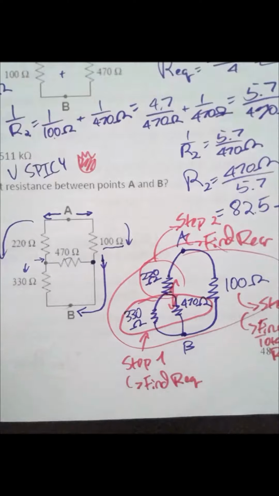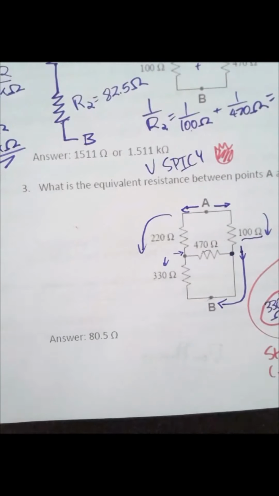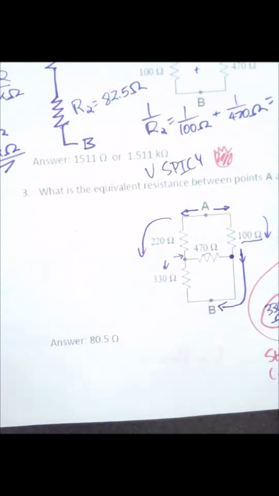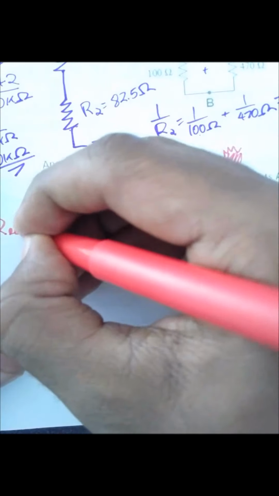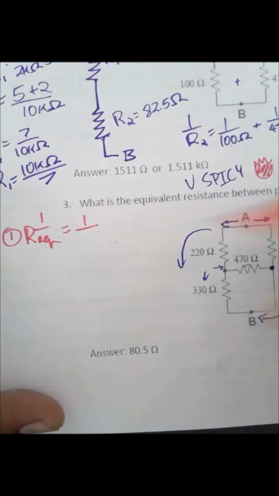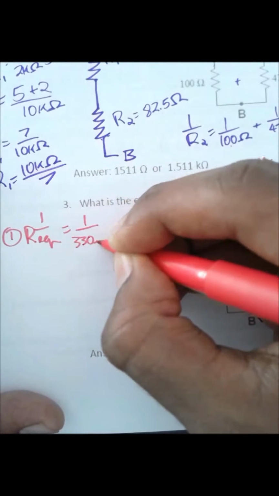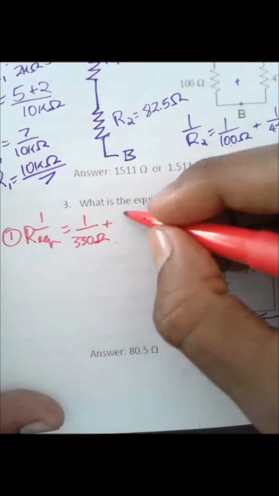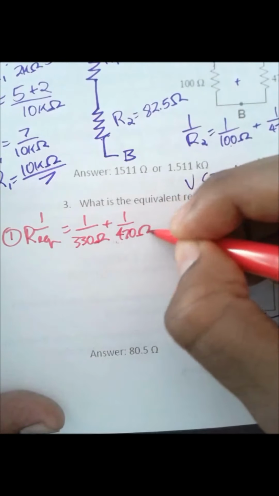Let's do it. So the first step is REQ between 330 and 470. So 1 over REQ is equal to 1 over 330 plus 1 over 470 ohms.